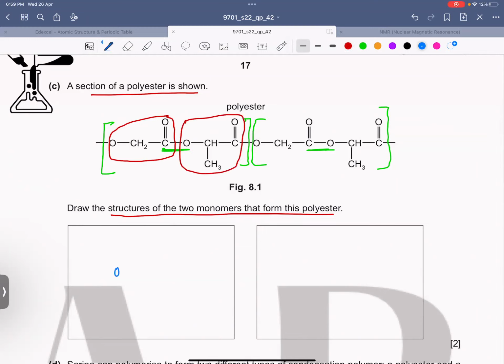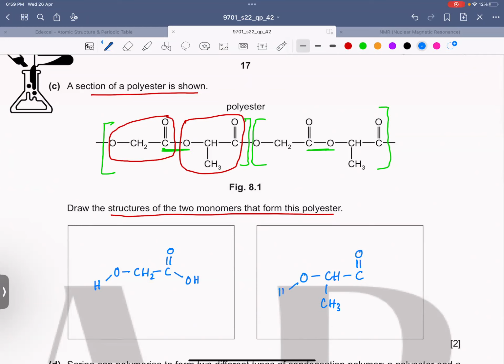So this part came from one monomer and this part came from the other monomer. Is this clear to everyone? Now with this O I put an H, and with this C I put an OH.